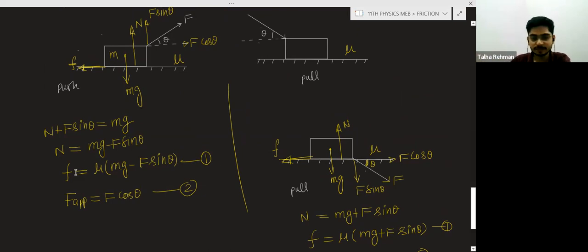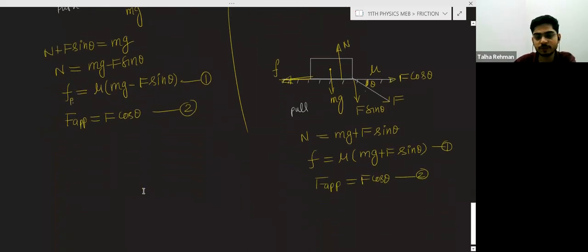Friction force will decide. So basically, this is the friction force for pulling. This is the friction force for pushing. Now, can anyone tell me which value is greater, mu(mg minus F sine theta) or mu(mg plus F sine theta)?